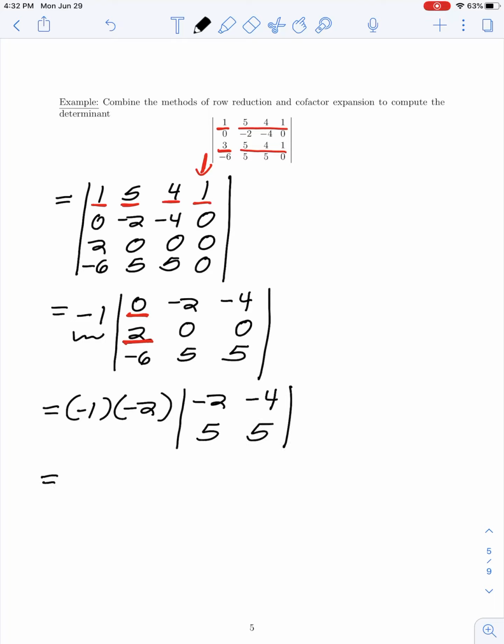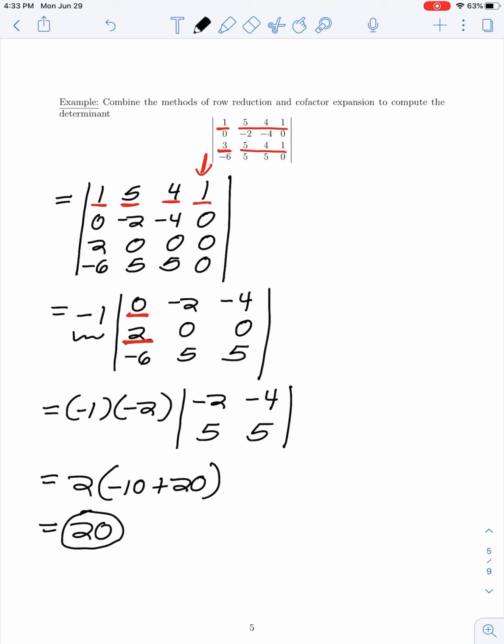So this then gives me a +2 out in front, and the determinant of this 2 by 2 submatrix is -10 minus -20, so +20, which leaves me with 20 for my determinant.